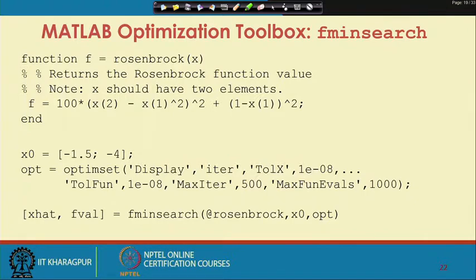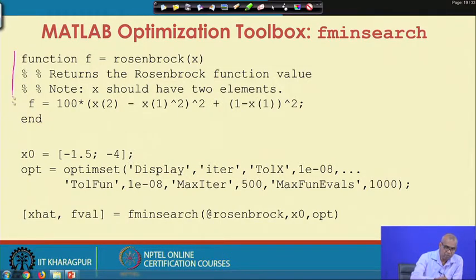But we will see that the basic syntax that we will use is very similar. Again, we define a function file, let us call it Rosenbrock, where I code the Rosenbrock function. It does not use gradient information, so no need to supply the gradient information.